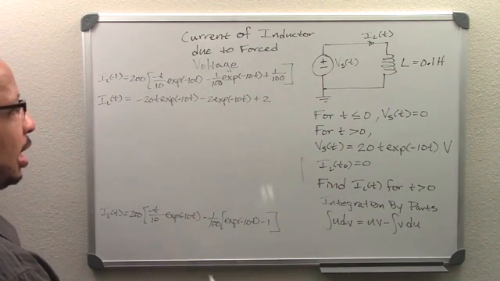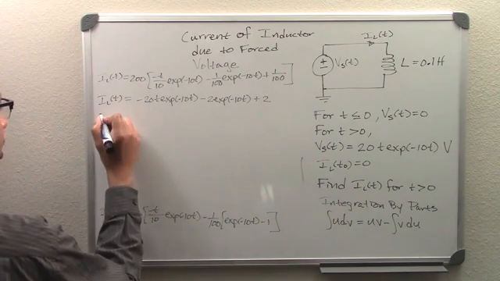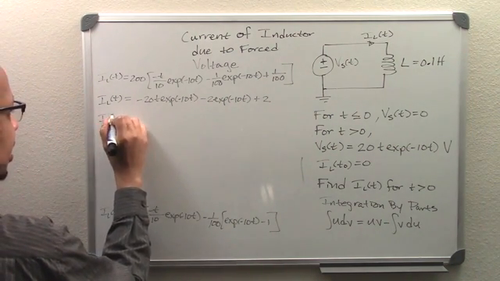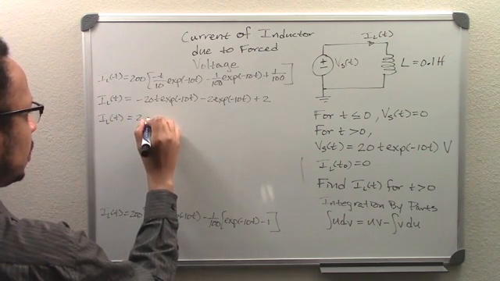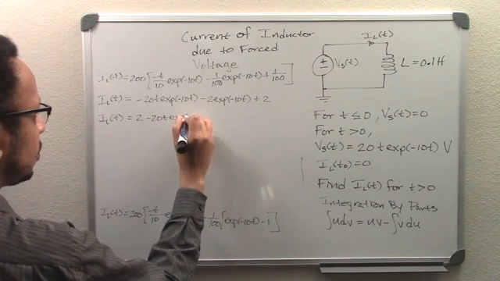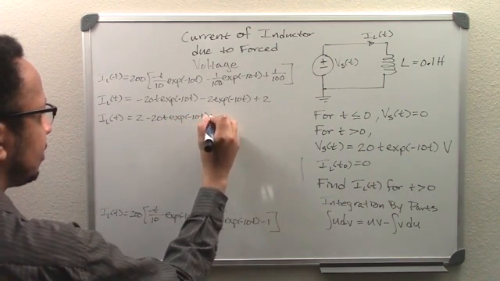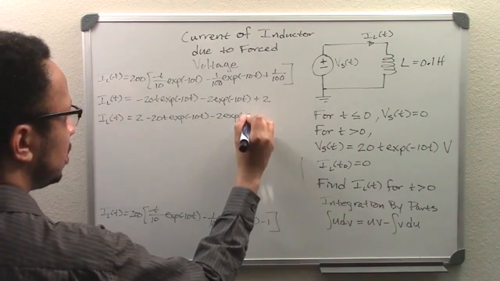And if we go ahead and rearrange that and put our positives in front, now what we have is iL of t equals 2 minus 20t exponential negative 10t minus 2 exponential negative 10t.